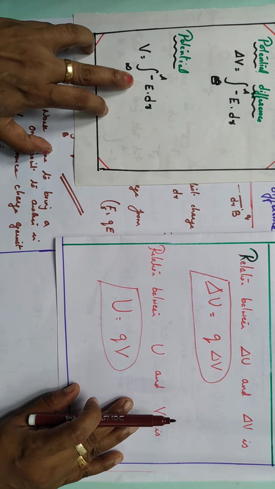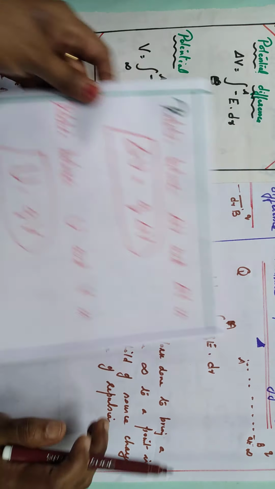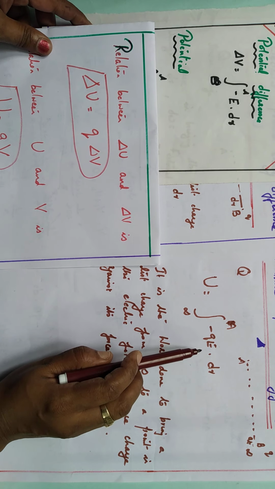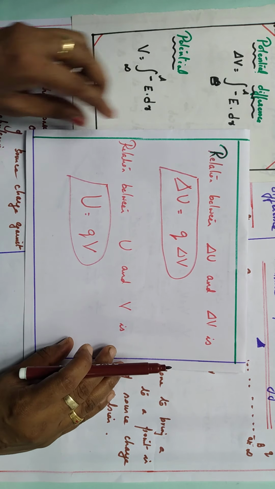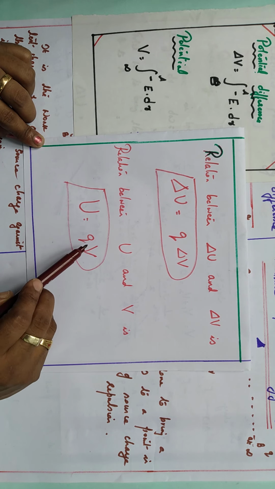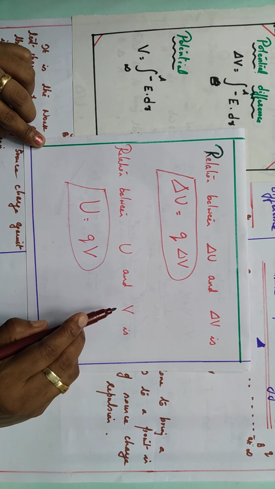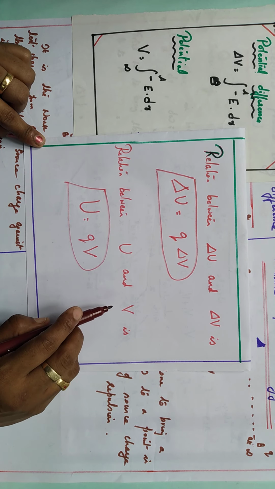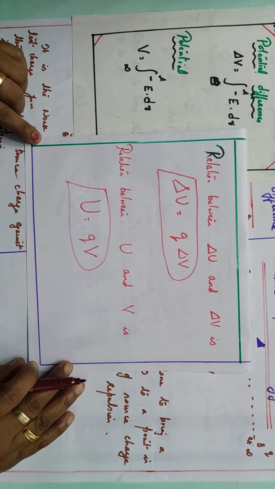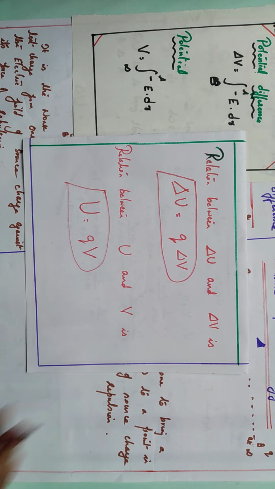Potential is minus E dot dr, and potential energy is minus QE dot dr. So here also we can write the relation as U equals Q into V. This is the direct relation between potential energy and potential. Okay children, so hope you understood the main difference between potential energy and potential. Okay, thank you.